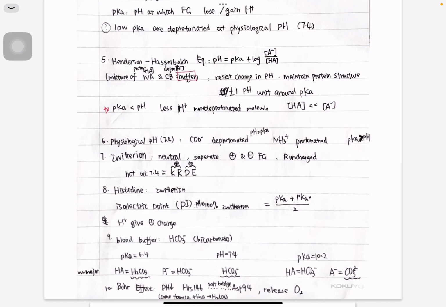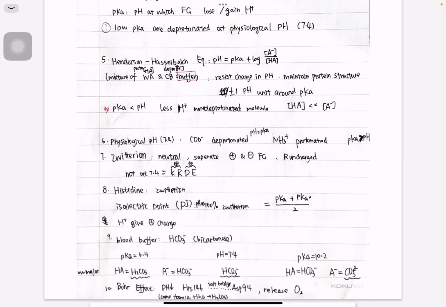Your conjugate base, that means the A minus, will be more than your acid. And for a buffer, if you are +1 or -1 pH around your pKa, that is a good buffer. If your pH equals your pKa, that means there is a 50-50 mixture of your weak acid and conjugate base.